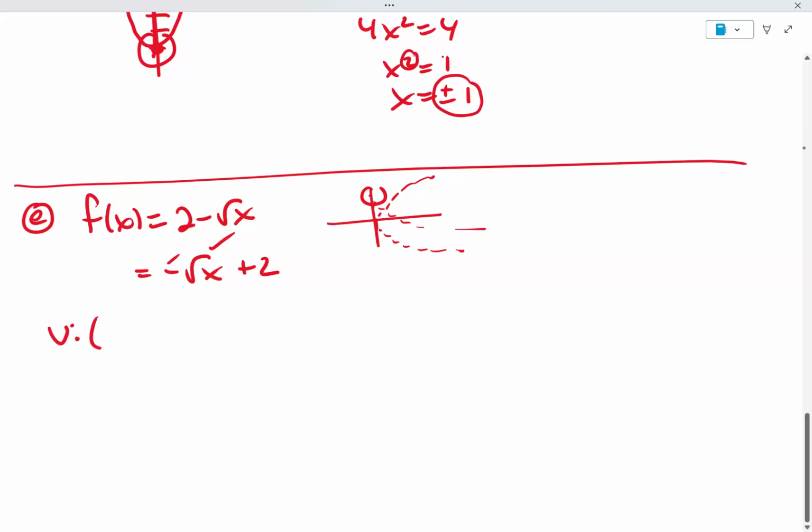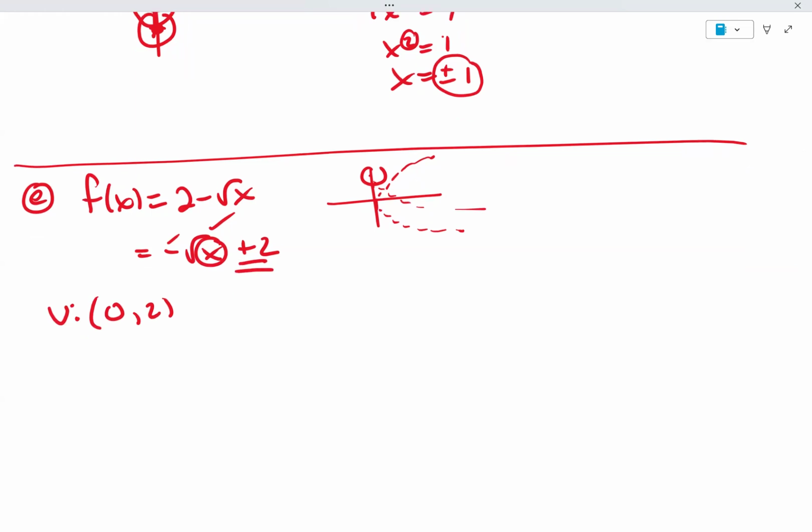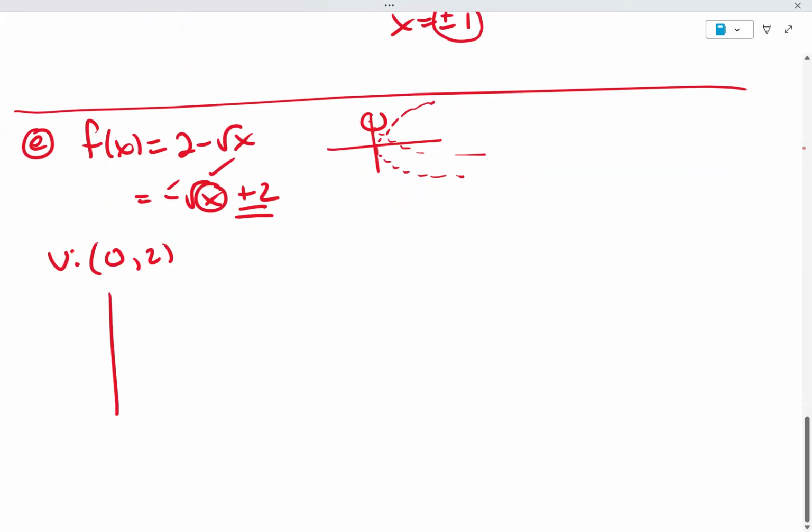The vertex will be 0, 2. What makes that 0 for x is 0. And this constant hanging out here is a 2. Yeah, once you get the vertex, you're good to go. 0, 2. And if I pick 1, I can't pick a negative because I can't take the square root of a negative. So the square root of 1 is 1, and minus 1 plus 2 is 1.